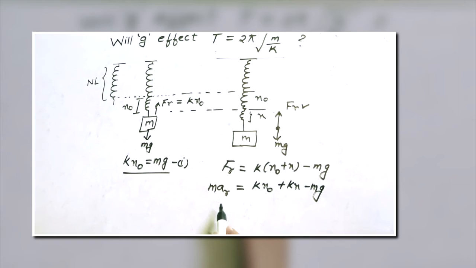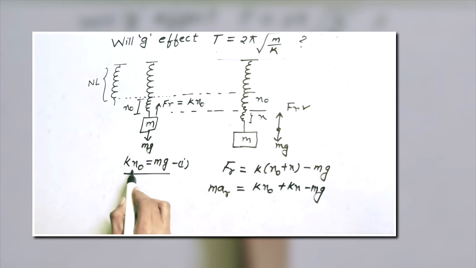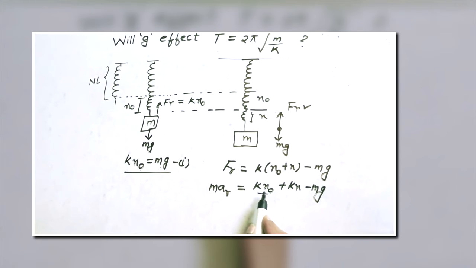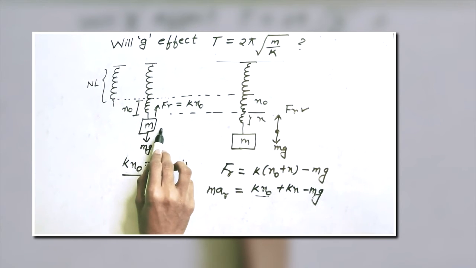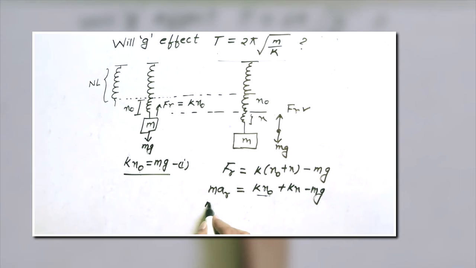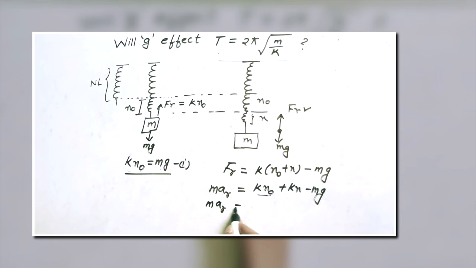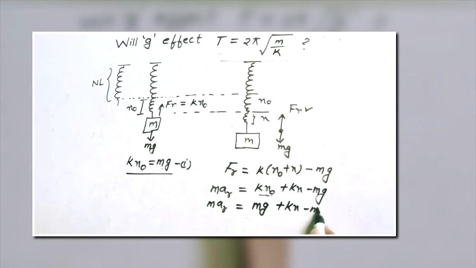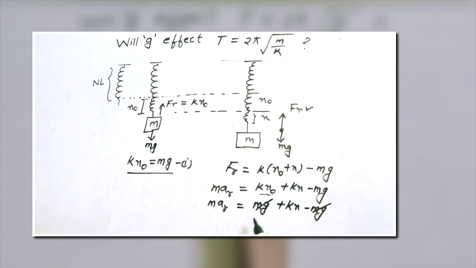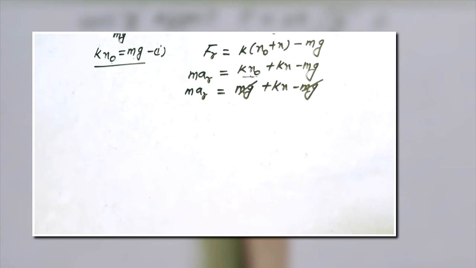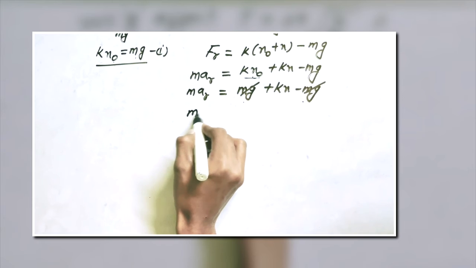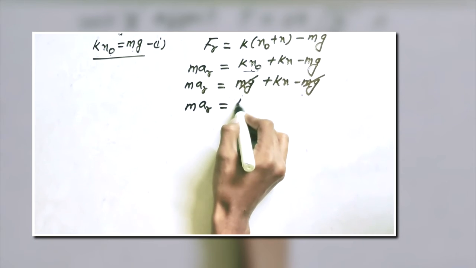So now we are putting k x naught is equal to mg, because we have proved this in the earlier situation. So your m into a restoring comes out to be mg plus k x minus mg. This mg gets cancelled and you get m into a restoring is equal to k x.